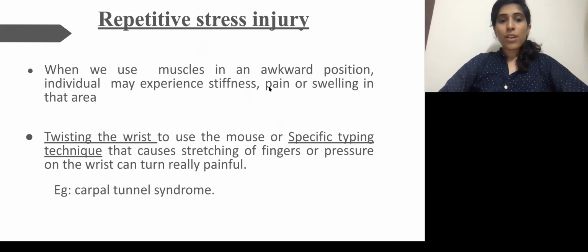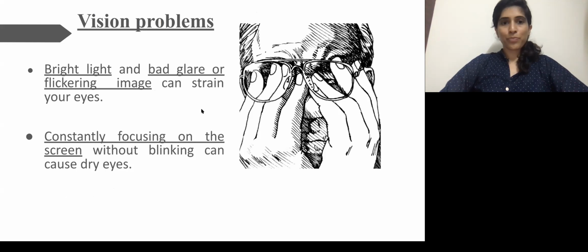Twisting of the wrist to use the mouse, or specific typing techniques, cause stretching of the fingers; the long finger flexors have to work at multiple joints at the same time, so they might get stretched a lot, and it puts pressure on the wrist also. As a result, the person might suffer from carpal tunnel syndrome.